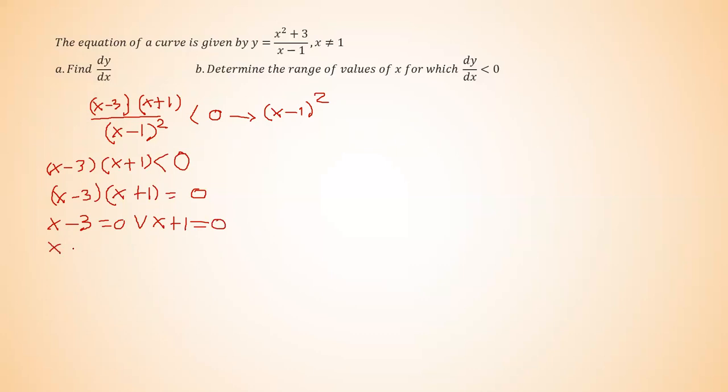So x equals 3 or x equals minus 1. In a Cartesian graph, this is the x-axis, minus 1 is positioned at the left side, while 3 is positioned here.